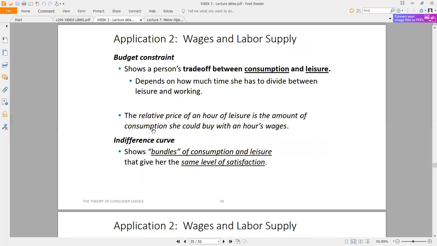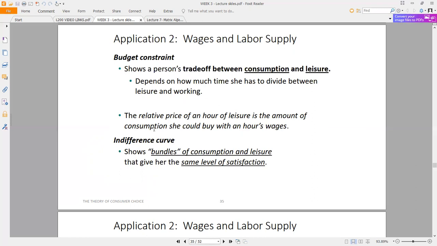The other one is to the labor market, how we apply consumer theory to the labor market. So wages and the labor supply, how labor supply responds to changes in wage. Under this theory, the budget constraint that the individual faces here shows a trade-off between consumption and leisure.